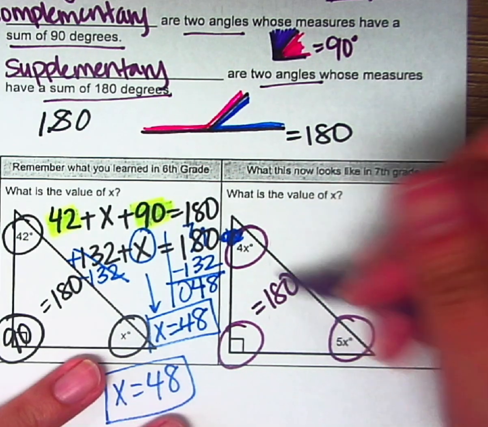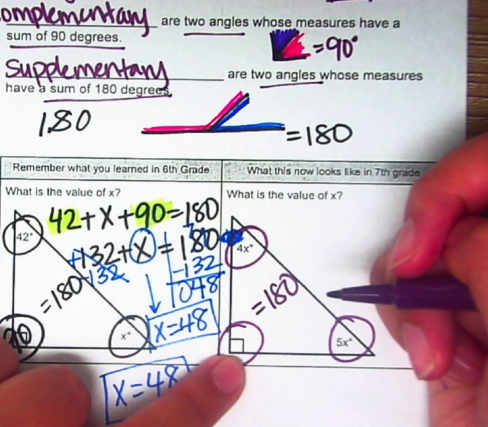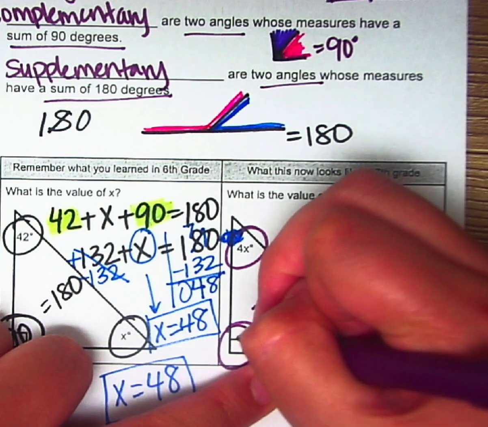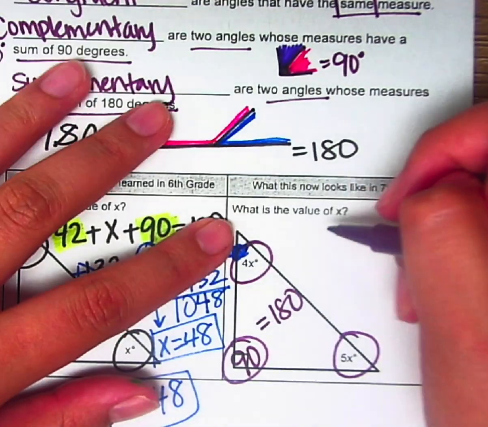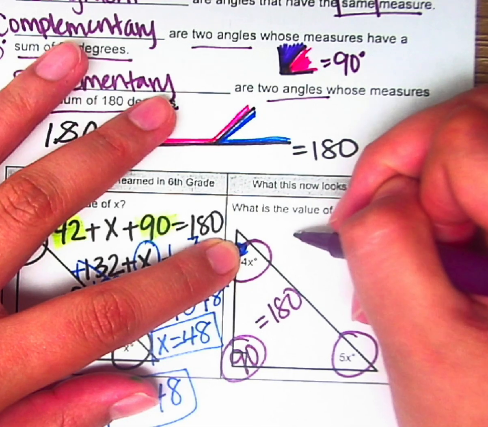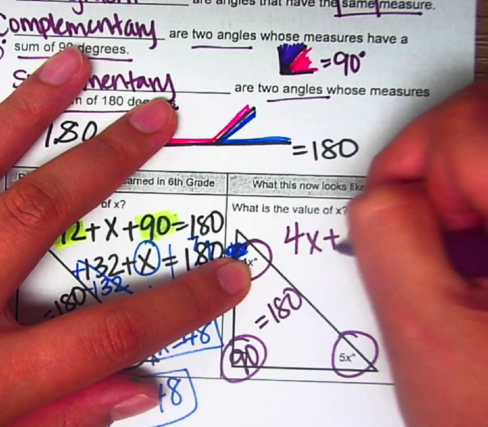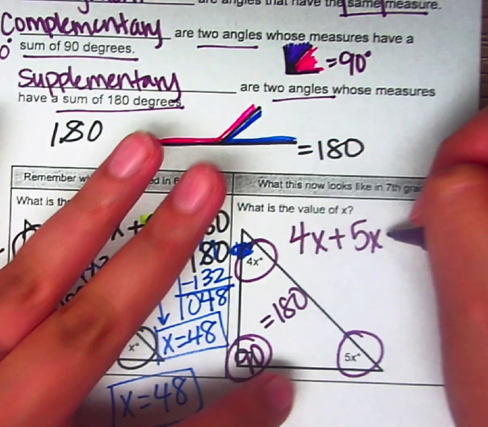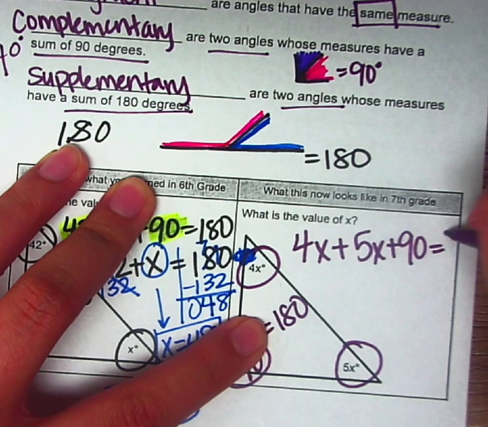So I got 2 of them here, but again, this is missing a number, right? But I know it is a right angle, so I know it's equal to 90 degrees. So let's go ahead and combine. We're going to add up all of my angles. So we got 4x plus 5x plus 90 is equal to 180.